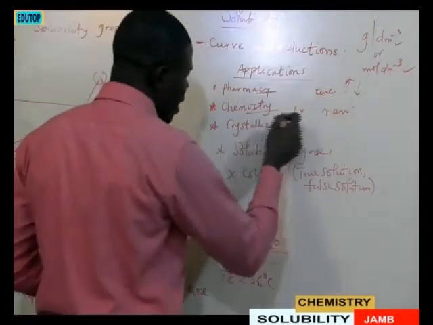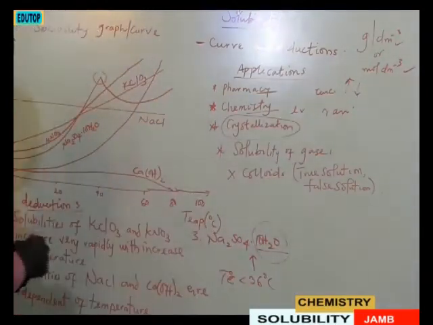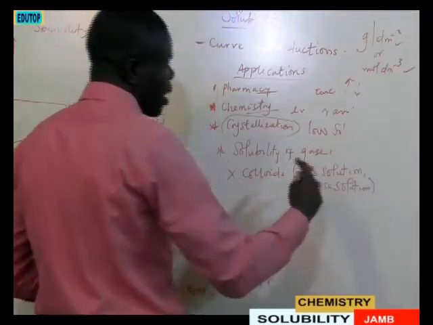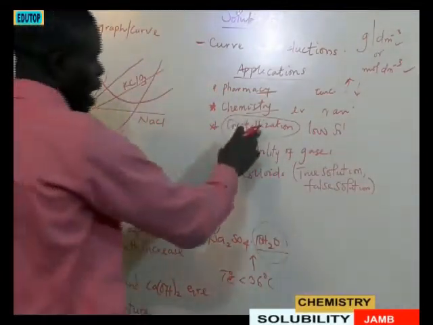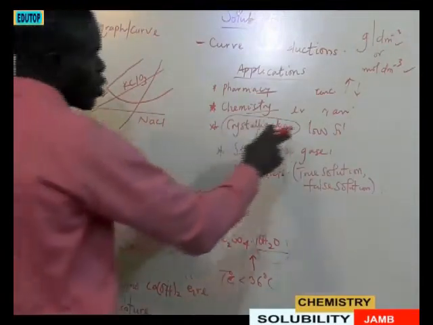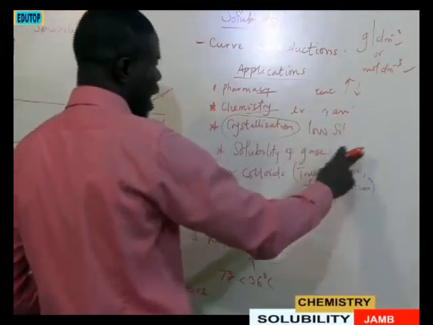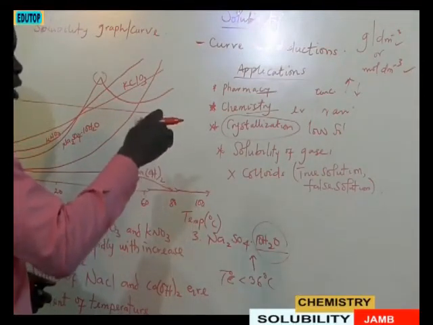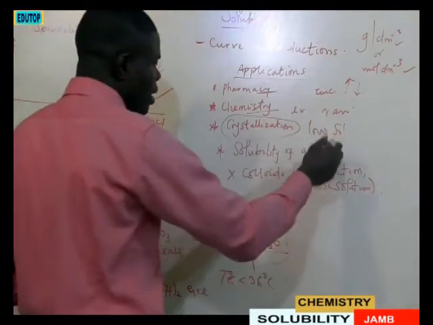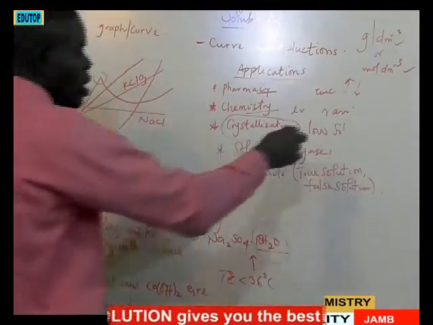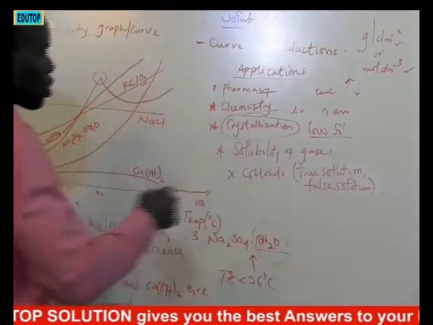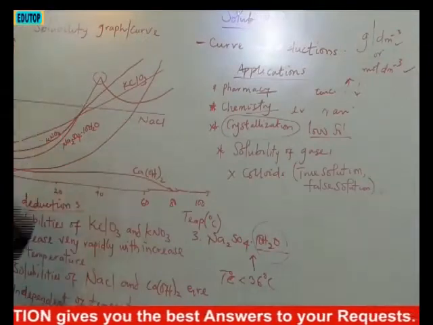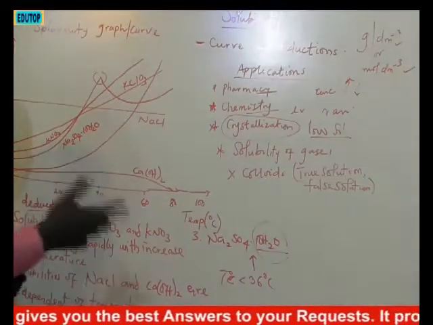Then crystallization, especially fractional crystallization, where salt with low solubility crystallizes out first when the solution is saturated, while leaving the solutes whose solubilities are still within the range of solubility in the solution.